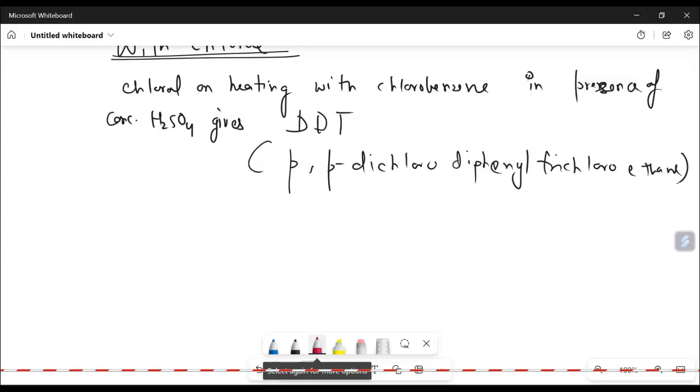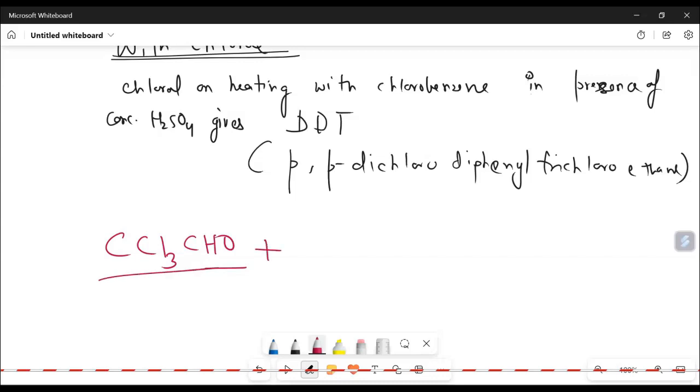So there is chloral. This carbon has three Cl groups attached and the CHO group attached with it. Okay.